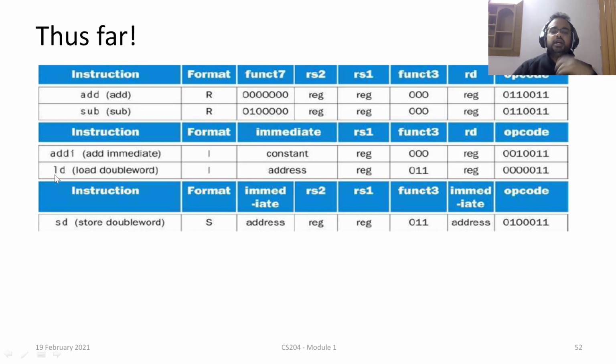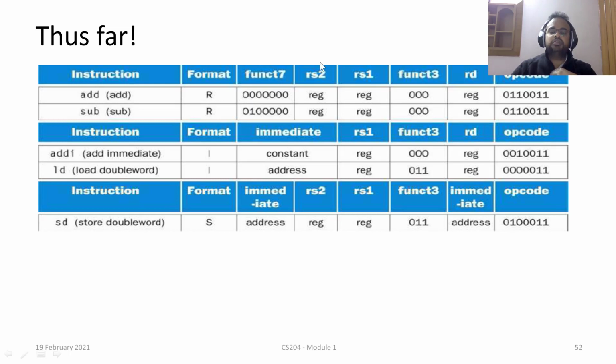And along with that we have the load instructions, wherein we have the opcode, RD followed by function 3, RS1 and 12 bits of immediate field. The store instructions have their own unique encoding again. So we have the opcode, 5 bits of immediate field here, followed by function 3, RS1, RS2 and 7 bits here.